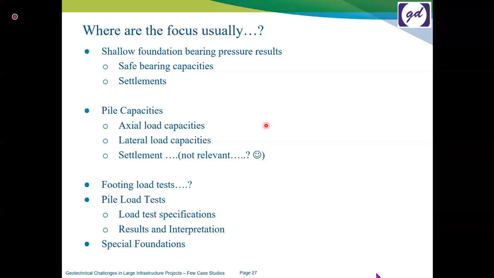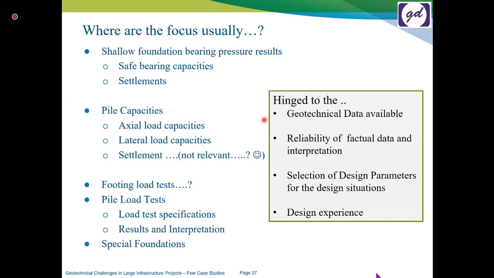All these particulars are usually part of a design or require this data to fulfill the designs. However, everything hinges on the geotechnical data available, because all these things will be evaluated based on the data available to you or made available to you.